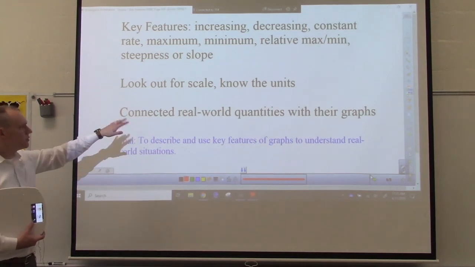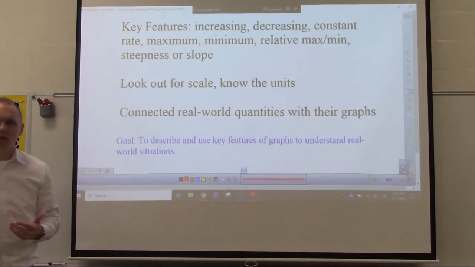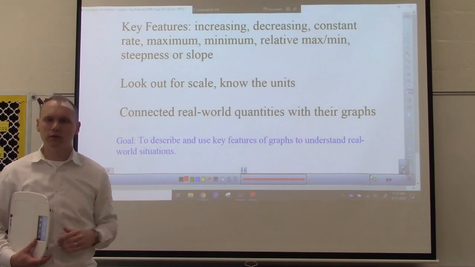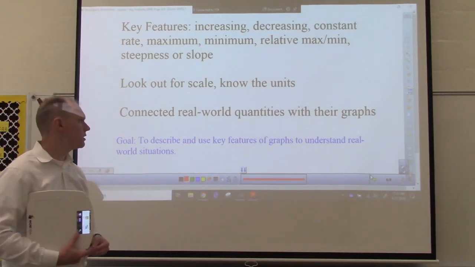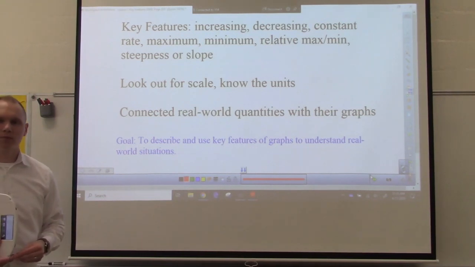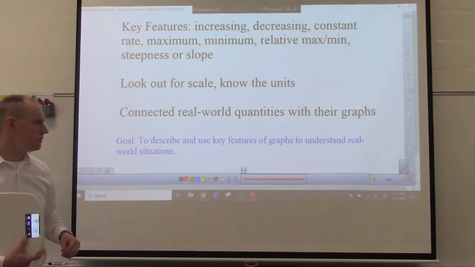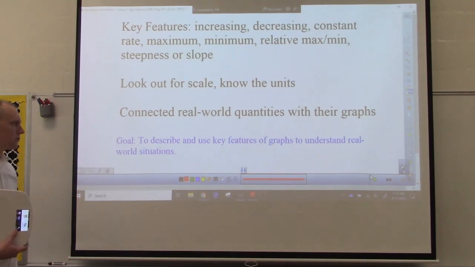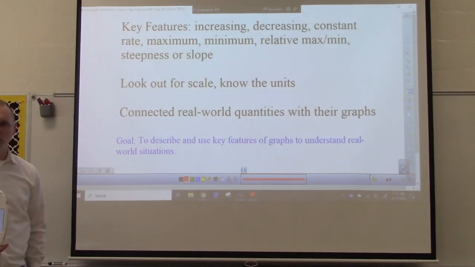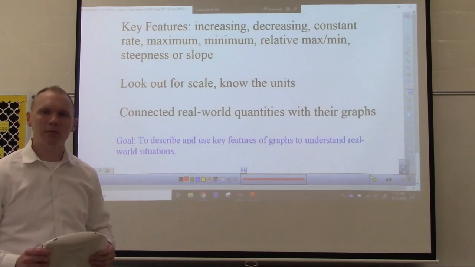We also connected real-world quantities with their graphs, talking about how those vases were filling up with water and how that changed the graph involved, as well as the one measuring the sunlight during the day. So our goal today, again, was to describe these key features of graphs to understand real-world situations, and hopefully we were able to accomplish that today.